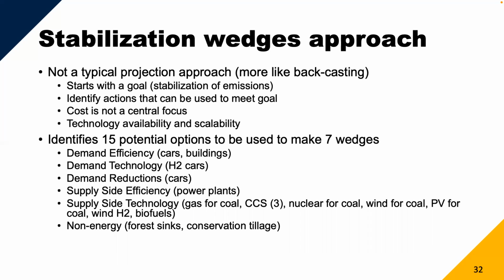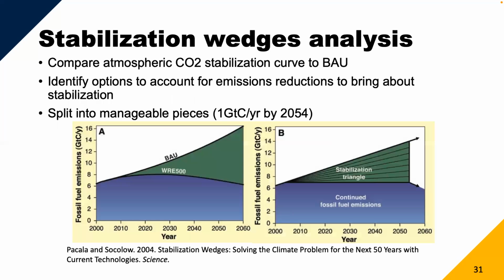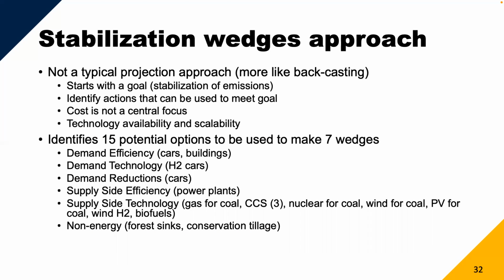In that paper that's associated with this plot here, they identified 15 potential options that could have these wedges that decrease your overall carbon emissions.